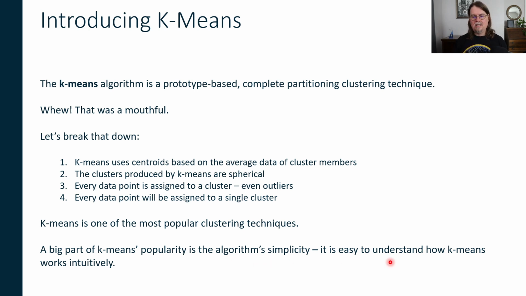It's really easy to understand how k-means works. And I'll talk more about that in a few slides. Two, it works surprisingly well in most circumstances because most real-world business data ends up having these spherical clusters. So k-means tends to work really, really well in many, many situations. Easy to understand, easy to use, and it's effective. No wonder it's so popular.